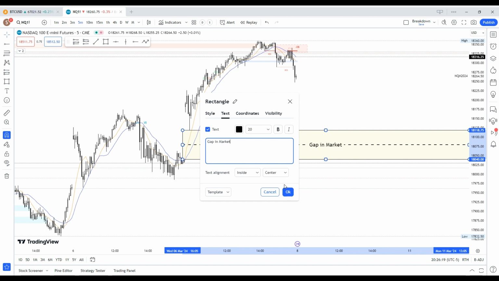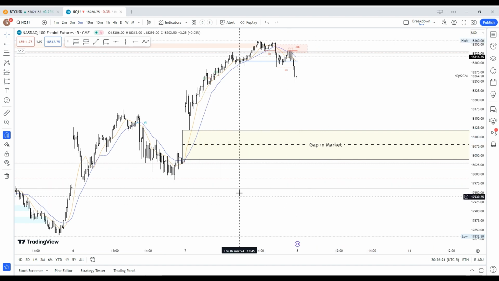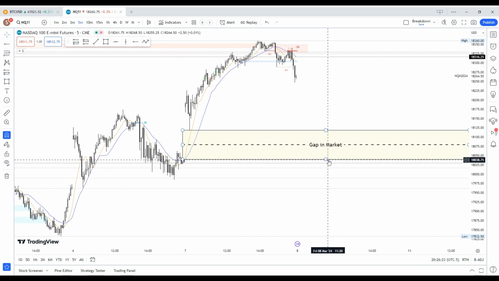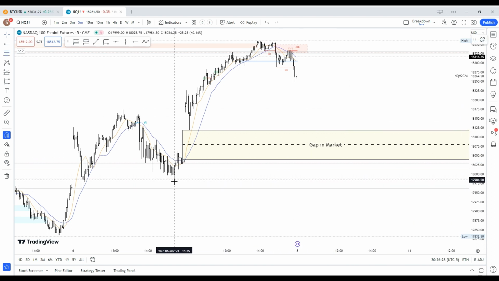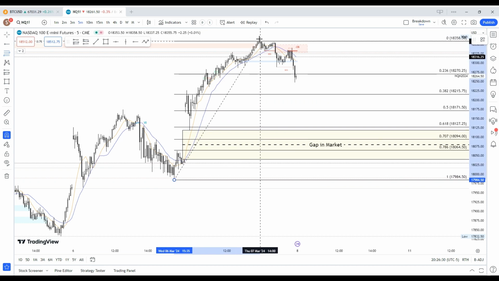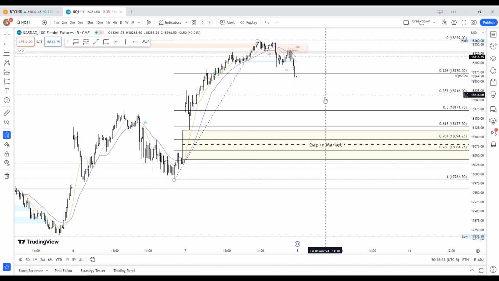Gap in the market right there, right? That way we know if we enter inside of this gap, we could see if we possibly get respected or not. I would like to put this here for pullback zones.